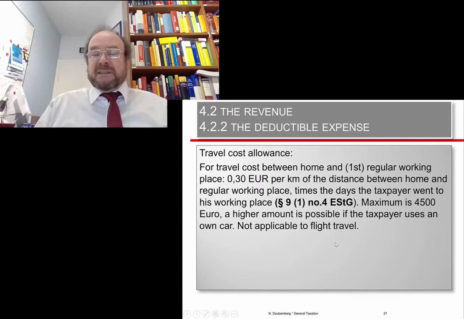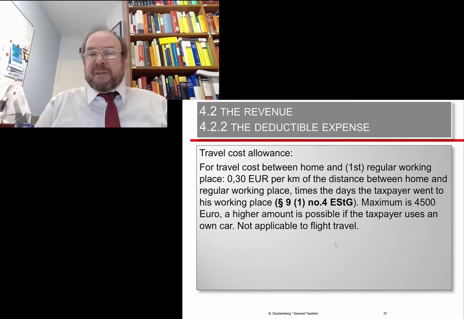An example for standardized cost evaluations or estimates is, for example, travel costs between home and first regular working place. There you can only deduct 30 cents per kilometer of the distance between home and working place for every day when the taxpayer goes to his working place.